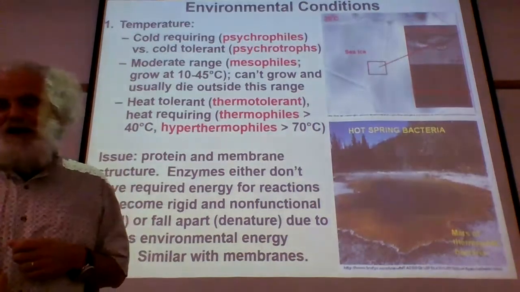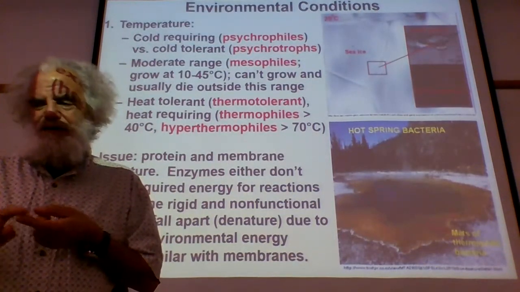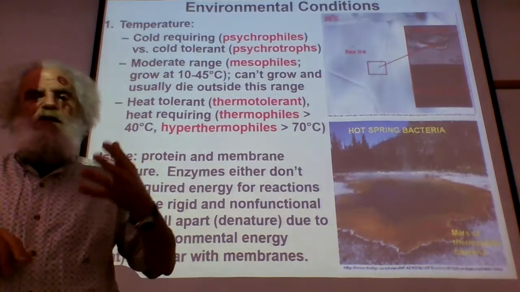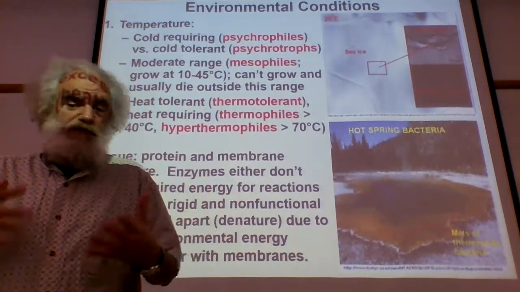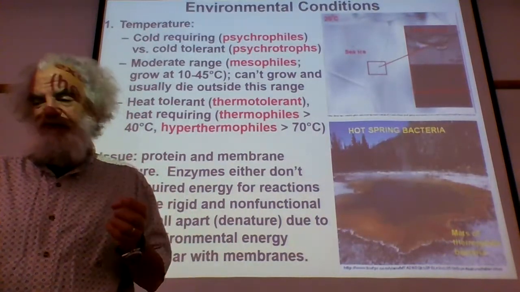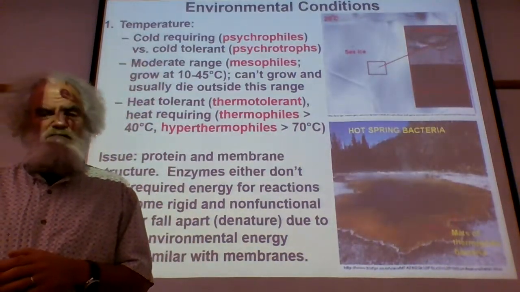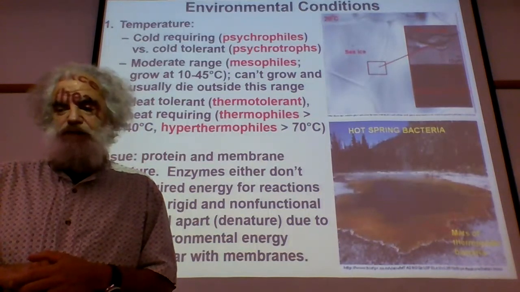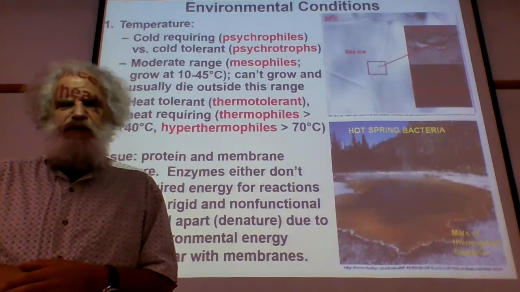And so that's always a way to think about this, is that a thermophile loves heat. A mesophile is growing in a moderate range, and they usually don't grow, in fact, they probably will die outside of this moderate range. 10 to 45 degrees, I gotta tell you, that's pretty much about where I hang. 45 degrees is getting a little bit hot, but 10 degrees is, in Fahrenheit, about 50 degrees or so.